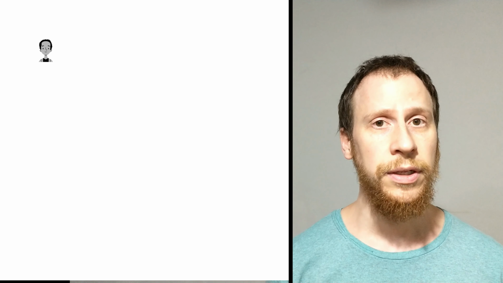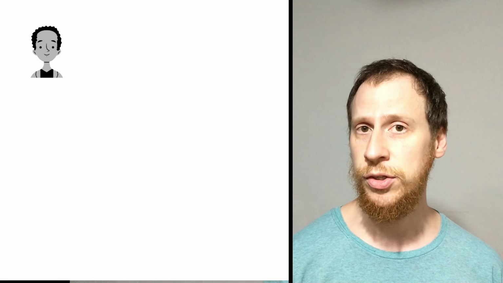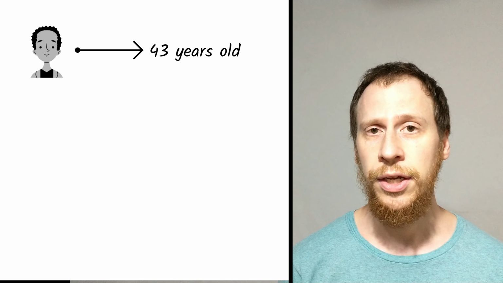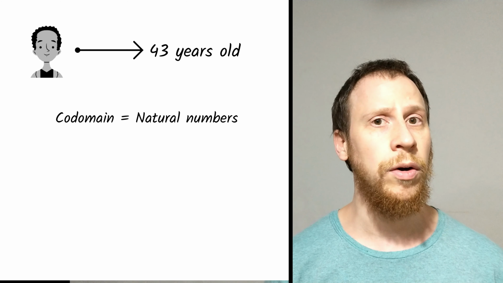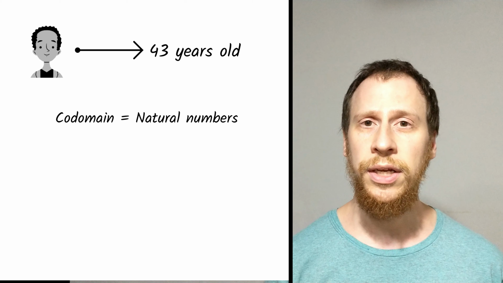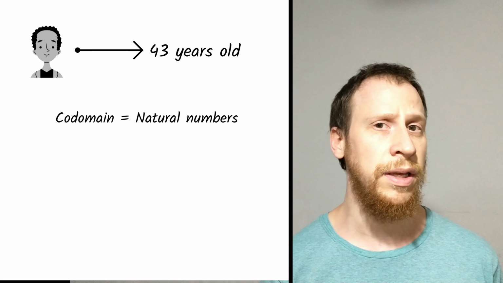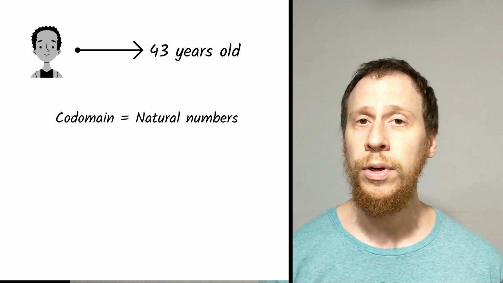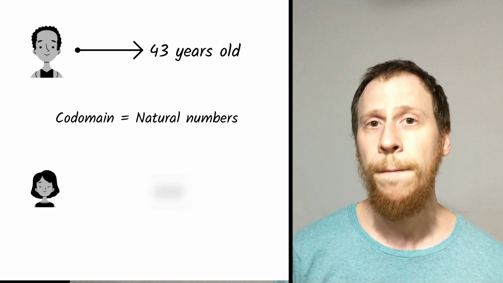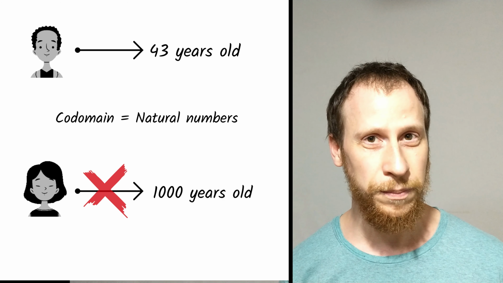And what do I mean? For example, the function that assigns to each person his or her age, if we consider the codomain to be all the natural numbers, then it's not going to be surjective because it can never equal 1000. We will never be able to find a person being 1000 years old.